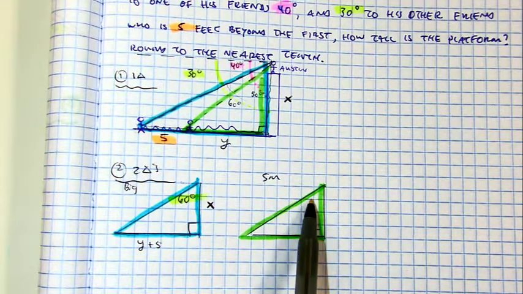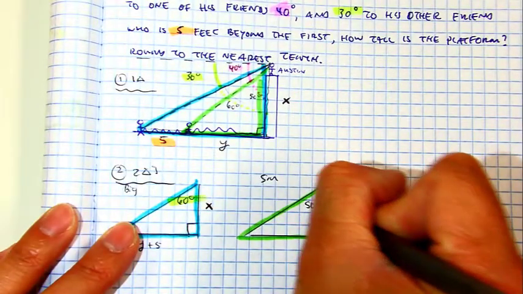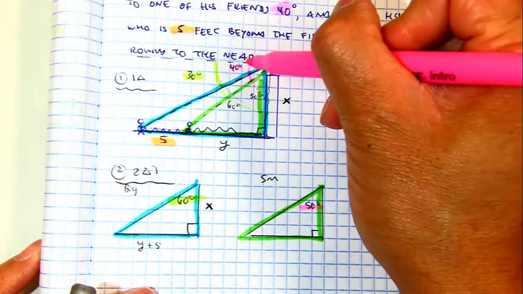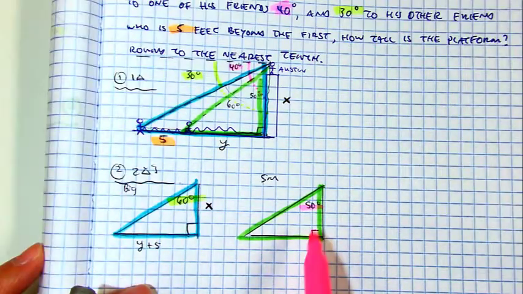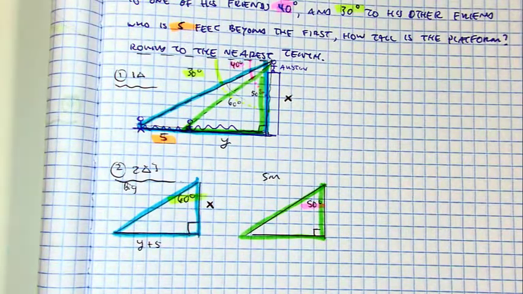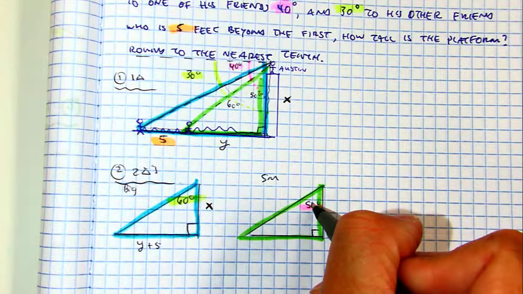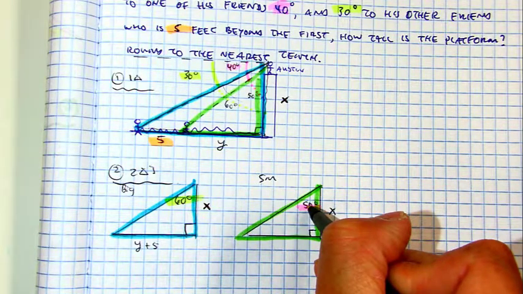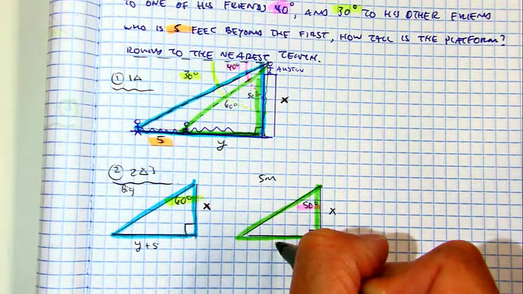So what angle goes there? 50 is correct. So angle of depression is 40 to the green, and then the dotted is the 50 that we just drew. Keep going. The side is the x, and then below that is the y. Yeah, just the y.